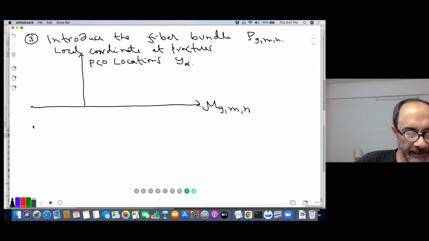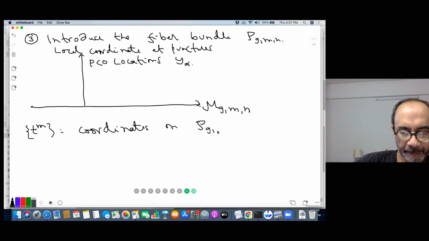So let's suppose that t^m is a coordinate on P_GMN. Of course, it's infinite dimensional, so this is an infinite dimensional coordinate system.